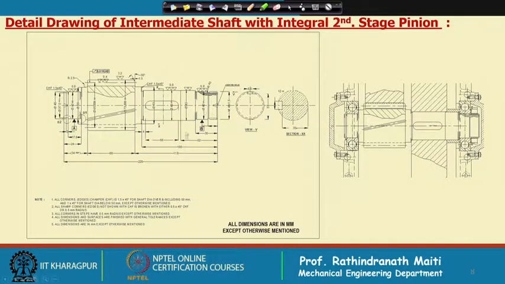Now, this is the detailed drawing of this intermediate shaft. I shall come into the details of that, but you can see this was the drawing here, and this we have developed here. But if you closely observe, you will find here we kept the diameter larger, because initially we took this bearing 6309, 45 millimeter.